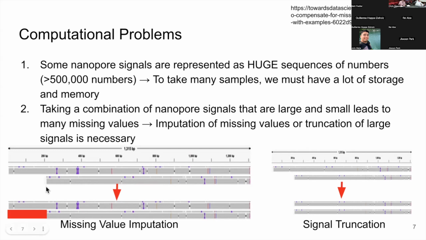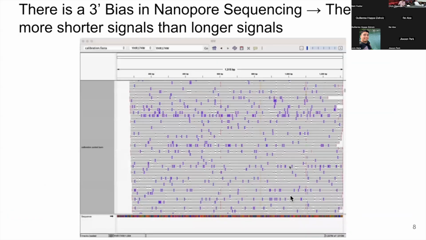So basically, it's taking the shorter reads and computing values such that the read is the same size as the longest read in your data for all reads, or you can truncate all of the reads such that they are equal to the same size as the smallest read that you can see in this example. And so we'll look at both of these scenarios in two different data sets.